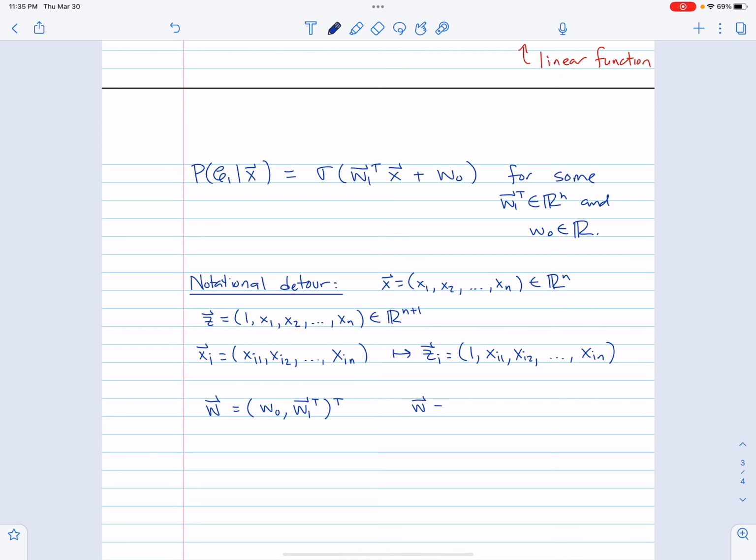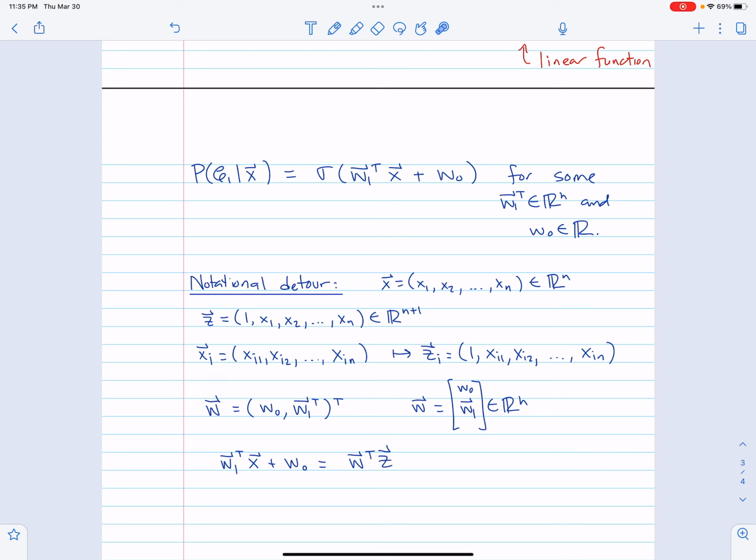Maybe let me write it like this as a column vector. I'm grouping w naught and then w1 together as a single column vector in Rn plus 1. And then instead of writing w1 transpose times x plus w naught, that's the same thing as saying just w transpose times z.